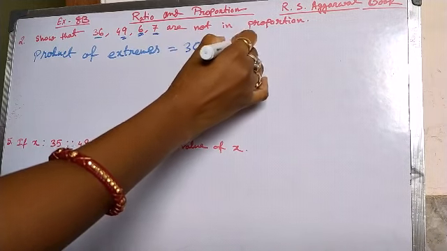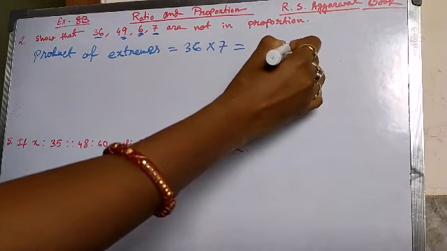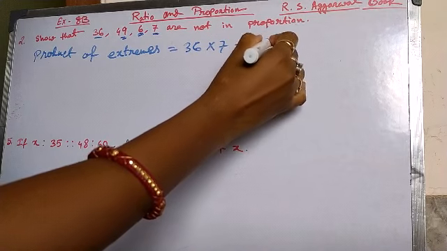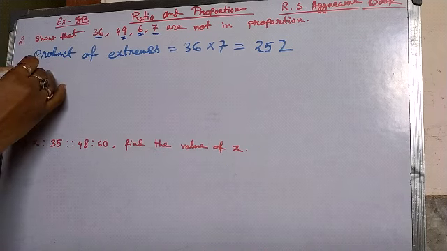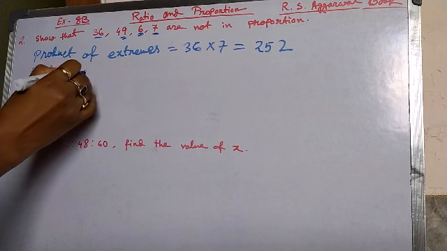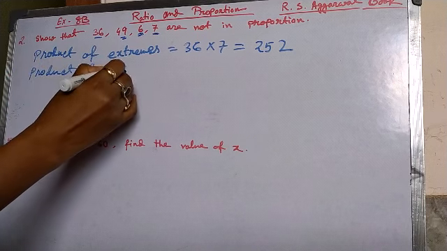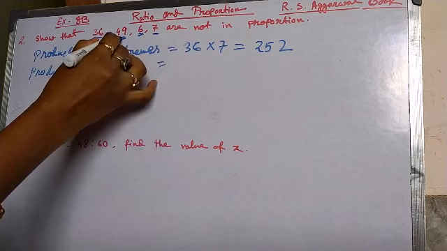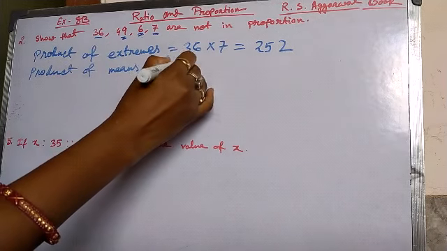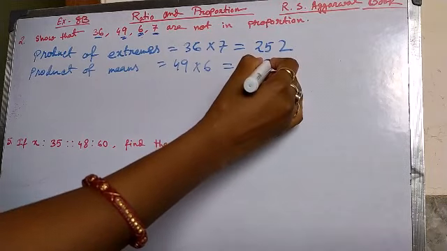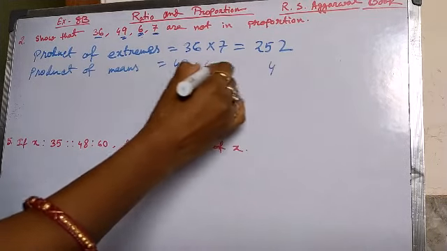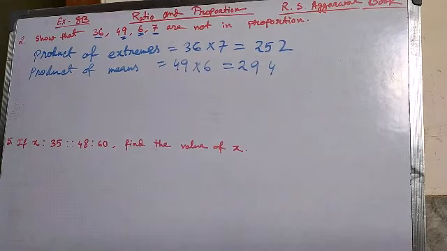36 into 7, that means 252, and this is the product of means, middle terms, 49 into 6, that means 294.